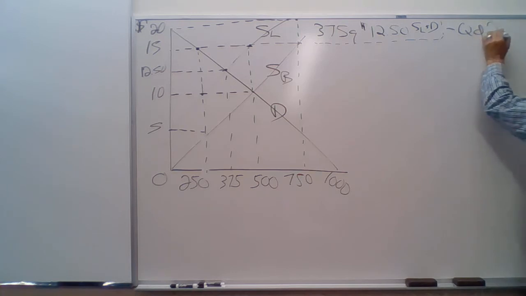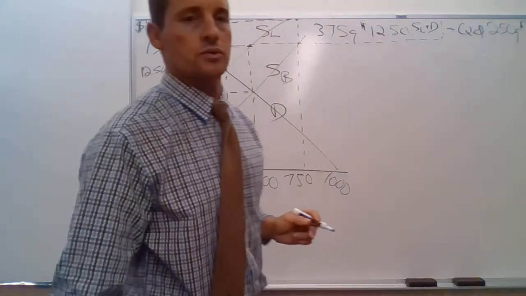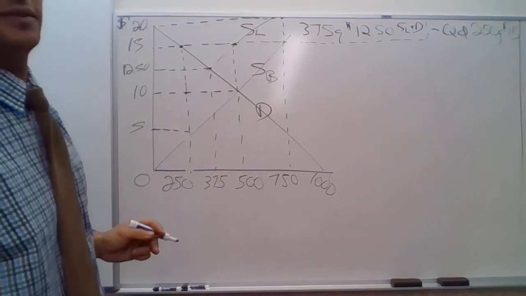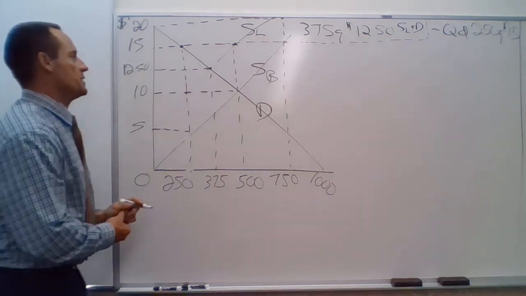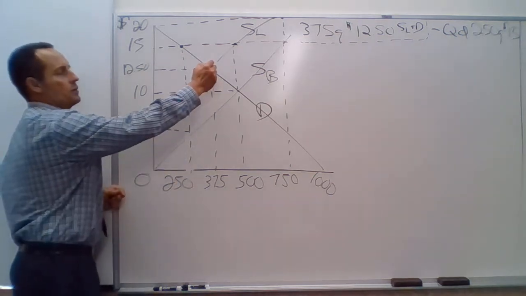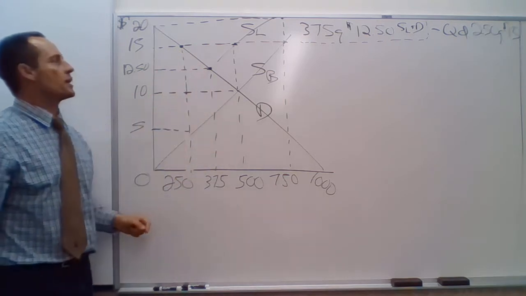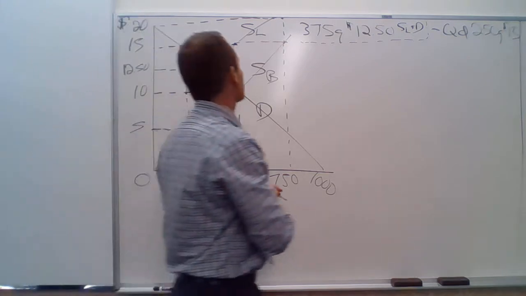So we have 250Q at $15. Great. That's less quantity demanded. So here, sliding northwesterly on a demand curve is less quantity demanded. The rationing effect of price.